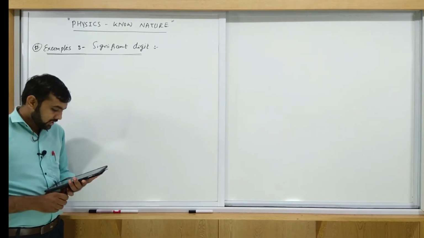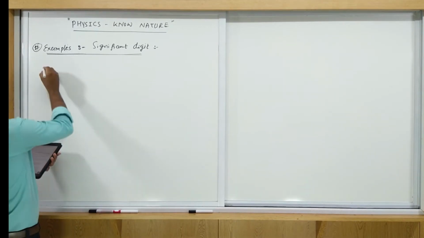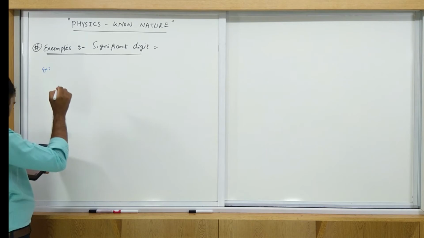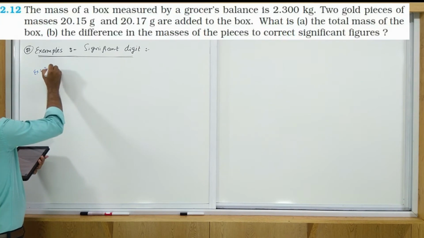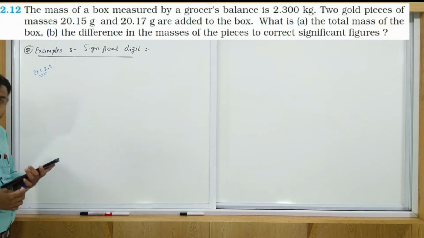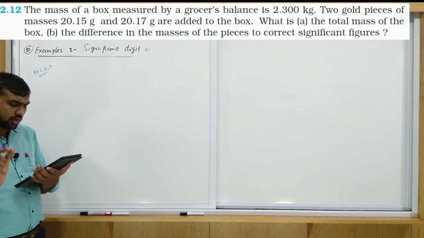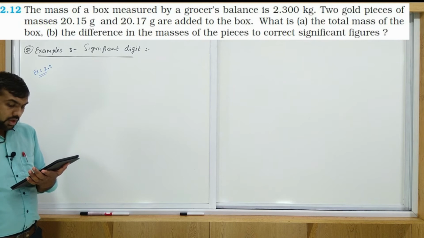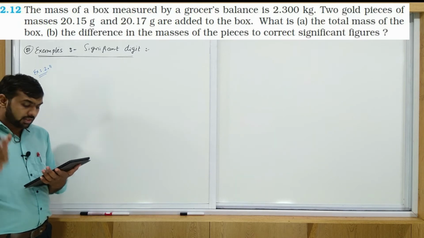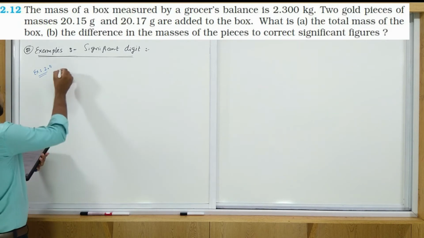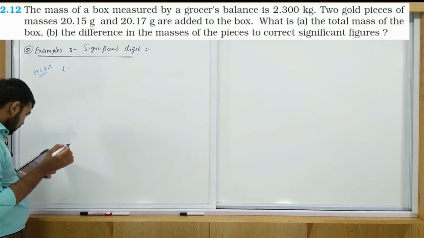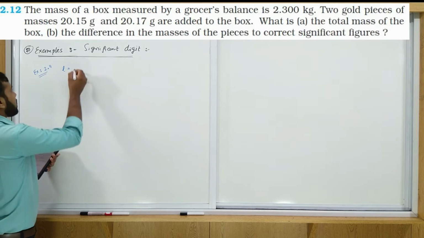Okay guys, now let us solve the next example from the exercise, example number 2.11. Let us rewrite the given data. The length, breadth and thickness of a rectangular sheet of metal are given. Length is equal to 4.234 meter.